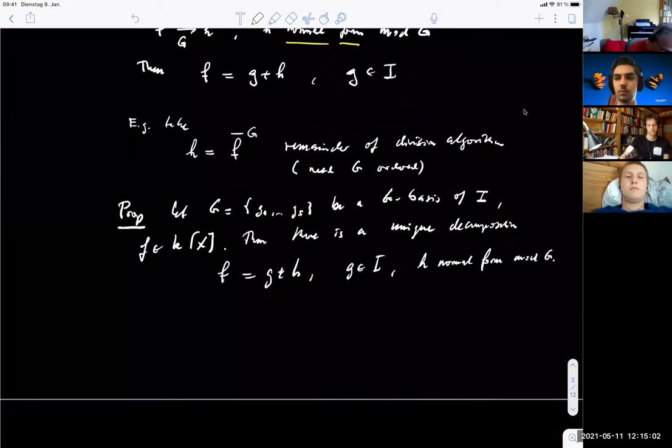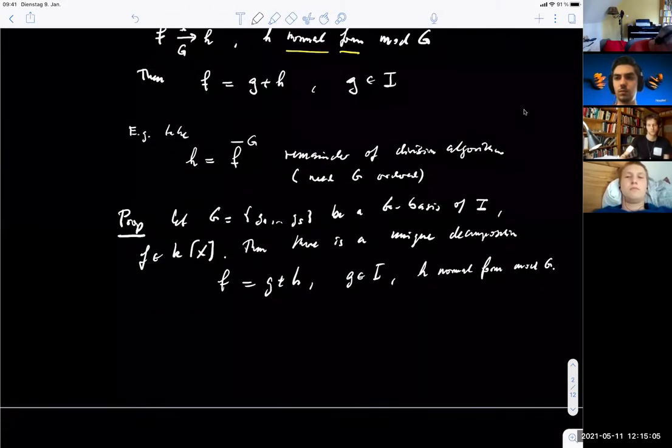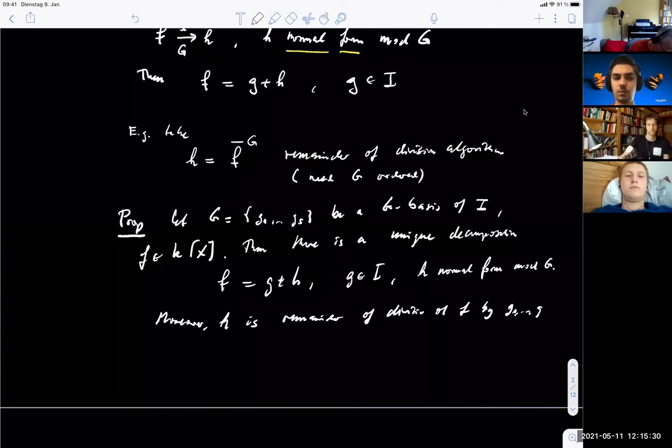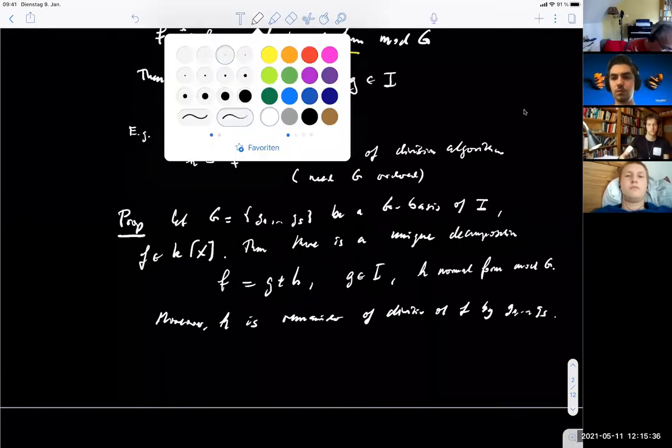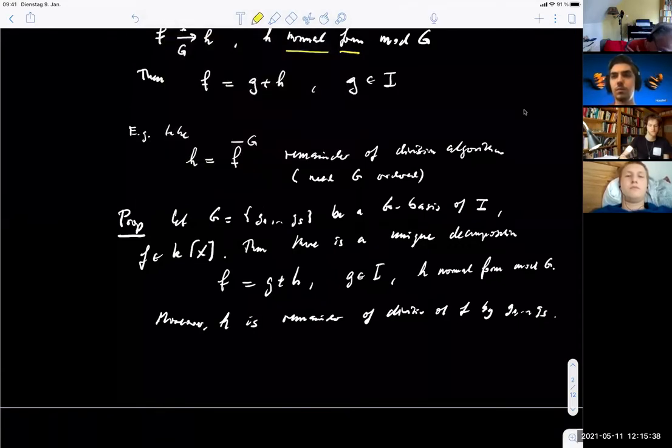And I can also say, moreover, that I can actually compute H. H is the remainder of the division of F by these polynomials. And what is now remarkable, because of the uniqueness property, the order is irrelevant.